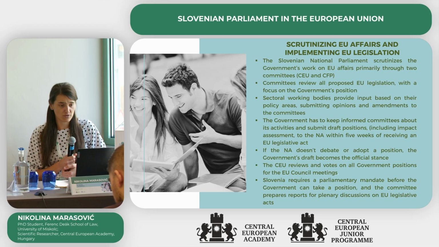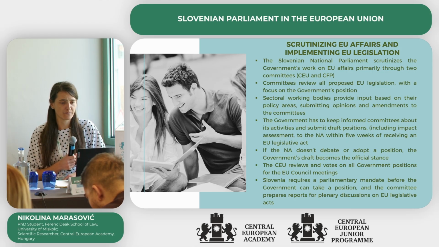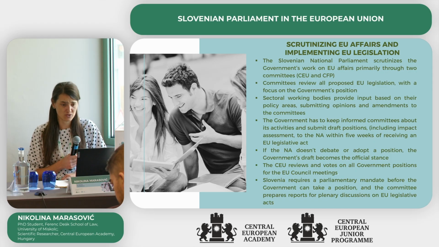These sectoral working bodies provide input based on policy areas, submitting draft positions that include the so-called impact assessment to the National Assembly within 5 weeks of receiving an EU legislative act. And if the National Assembly doesn't debate and adopt a position, the government's draft becomes the official stance.